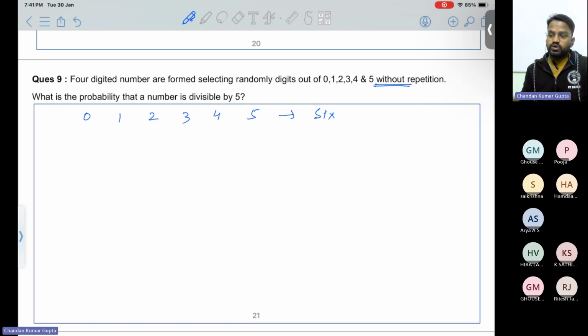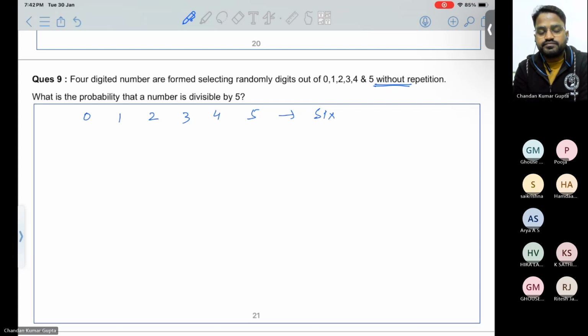So anyone can tell me what is the property that a number is divisible by 5 or not? How can we check? Sir, the last number should be either 0 or 5. Exactly. The unit place should be either 0 or 5.